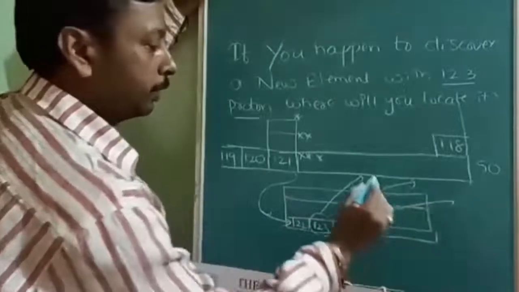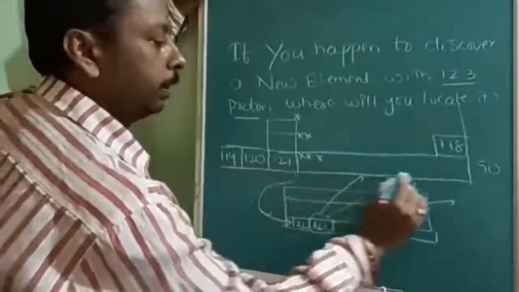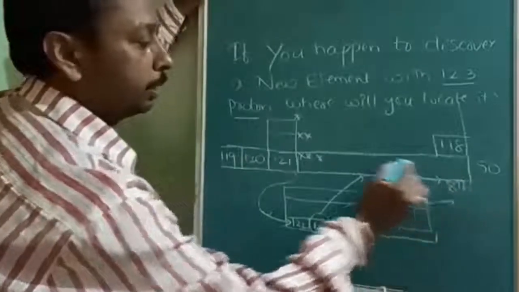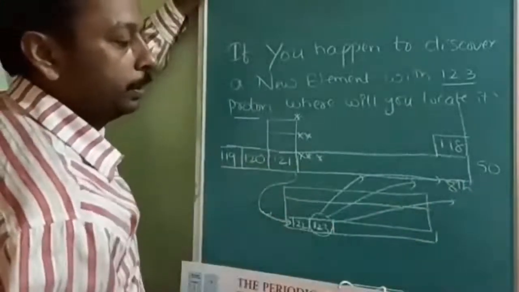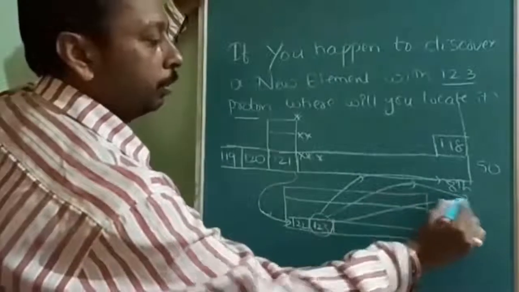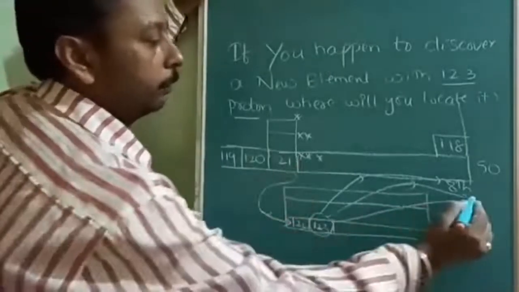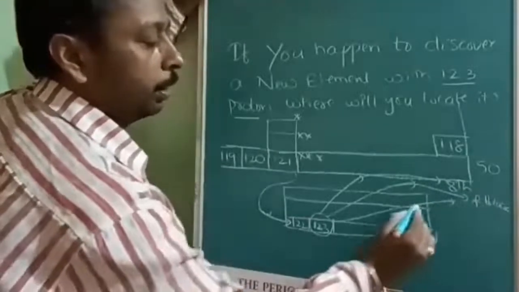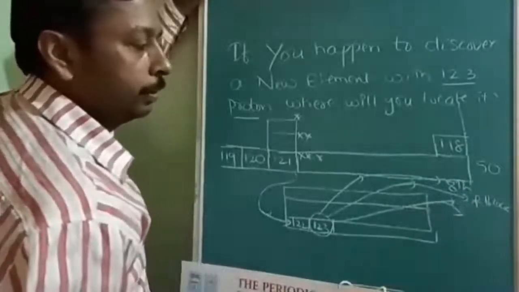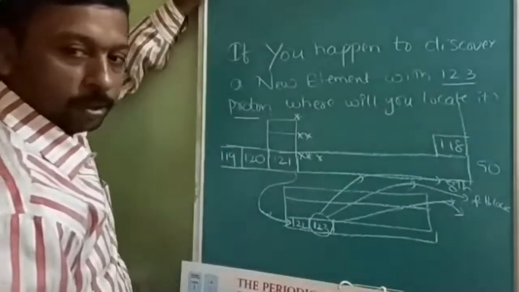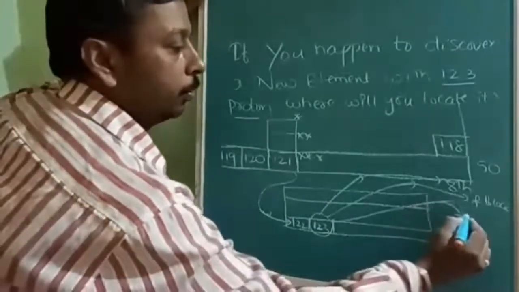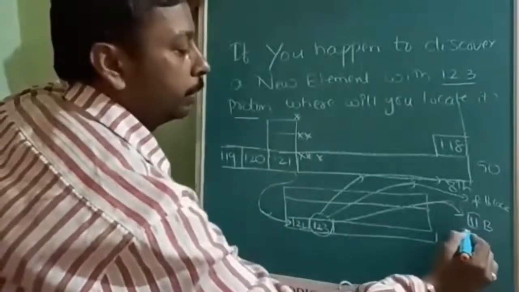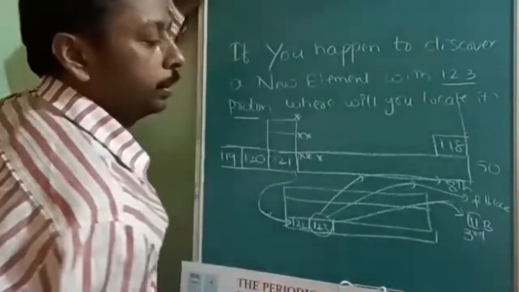Now tell me what are the things you can expect from here. Which period will it be? The eighth period, since the last period we are here is the eighth. Now the block: it is under this, therefore it will be F block. If F block, blindly you can write the group number as 3B in the old version, third group in the new version.